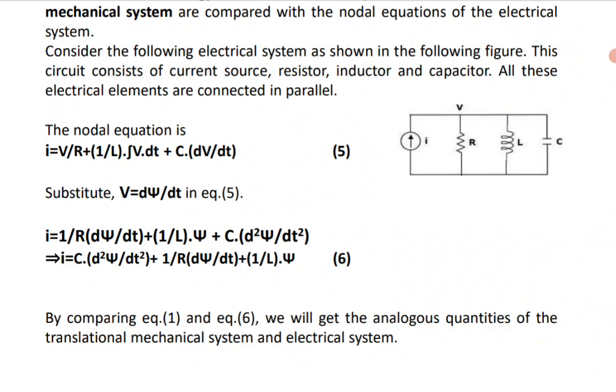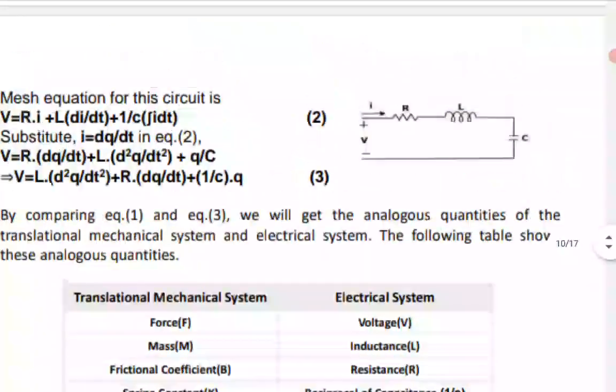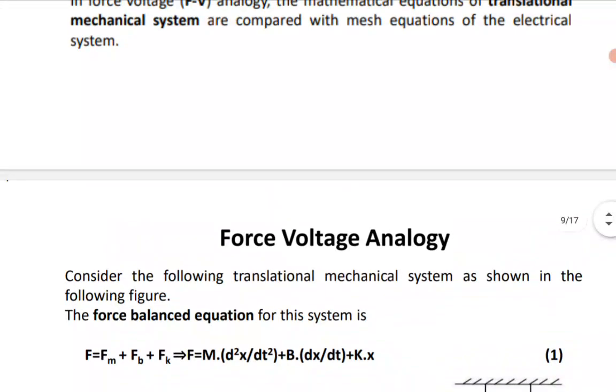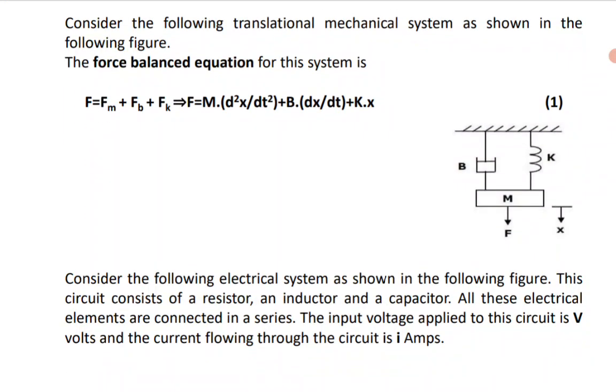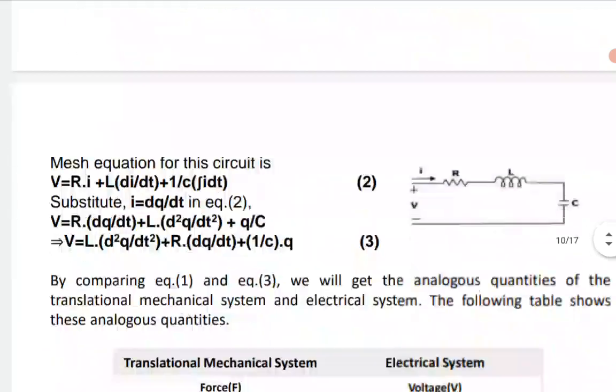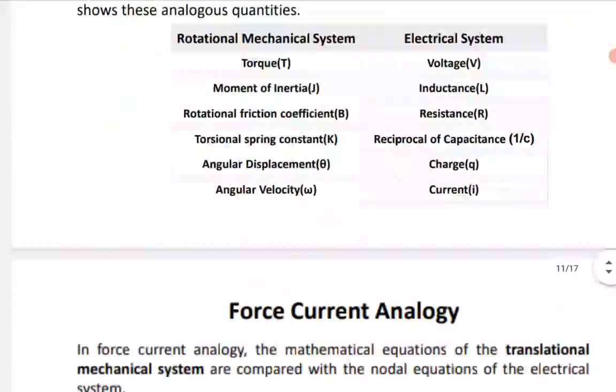Then you can compare this equation 6 with equation 1 for the force current analogy. Due to the presence of the variable x in the second order differential equation, here the variable is psi, the flux.